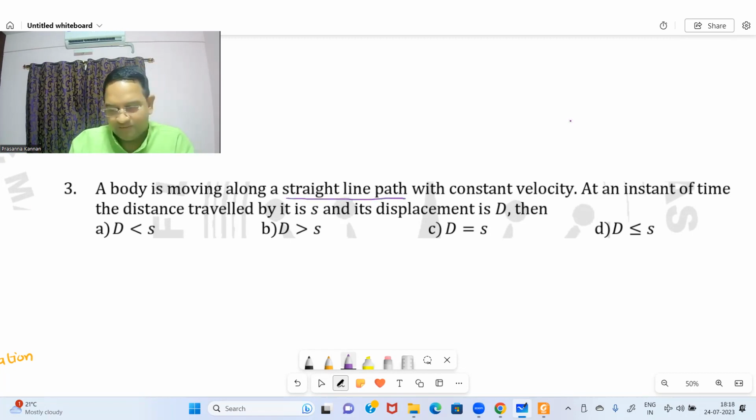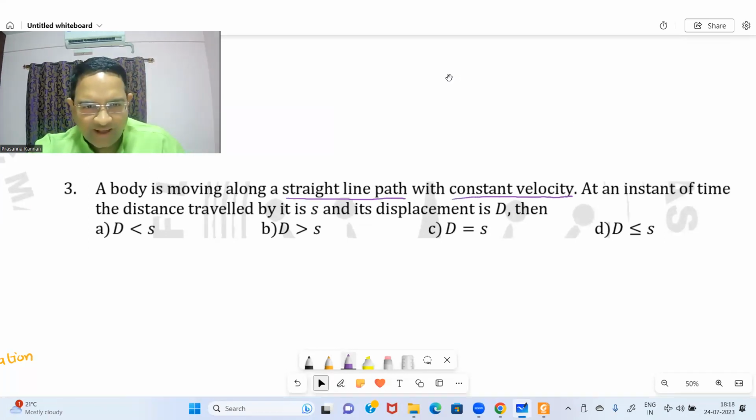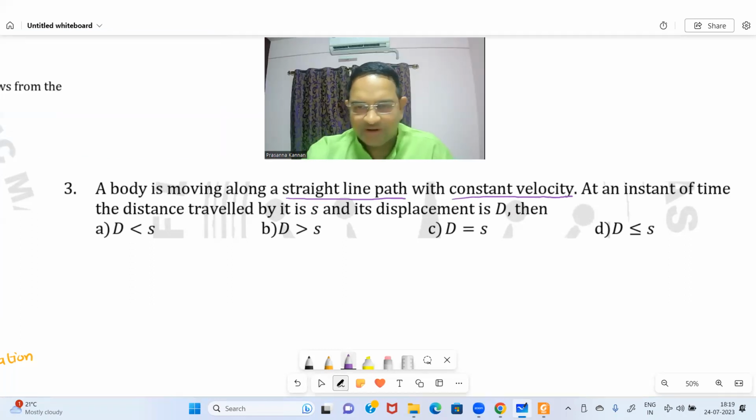Moving along a straight path with constant velocity means the velocity is not changing, neither in direction nor in magnitude. Because we know that velocity is a vector quantity.